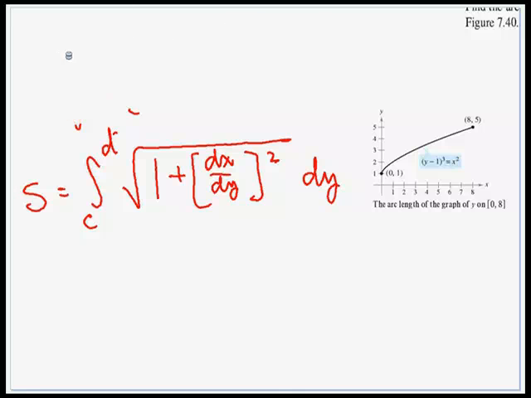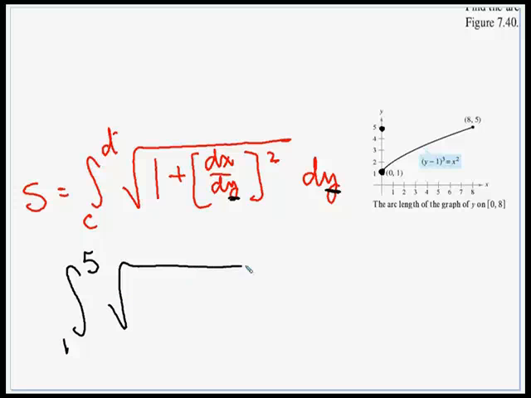And let's plug in the numbers relevant to our problem. So we are integrating with respect to y. As we look at the y-axis, our function starts here and it's going to end up here. So we are integrating on the y-axis from 1 to 5.